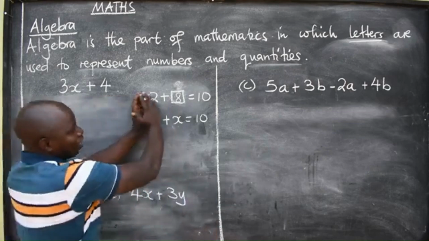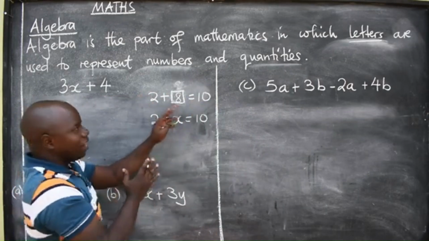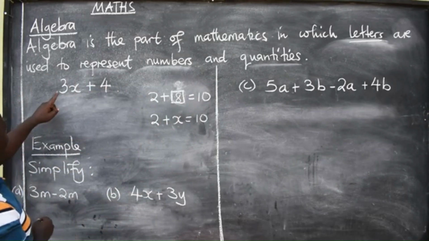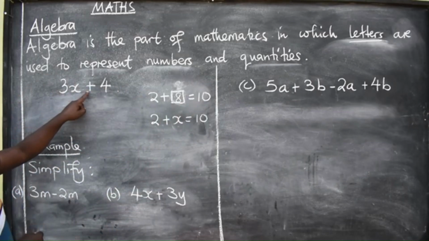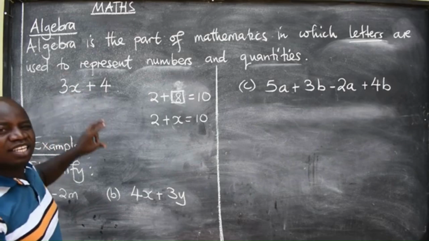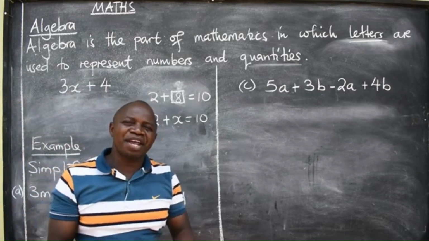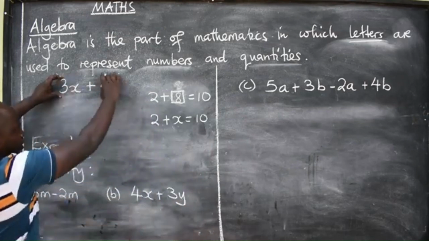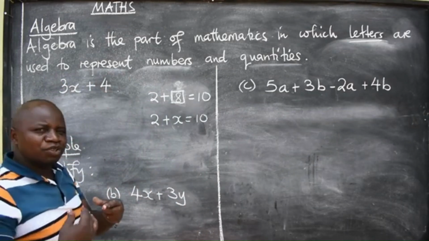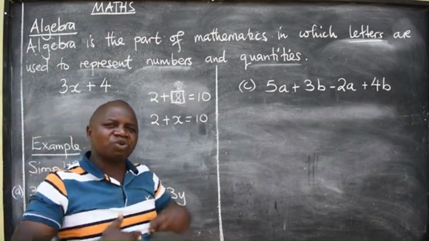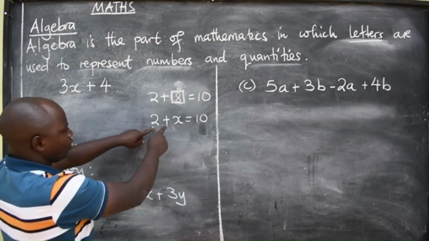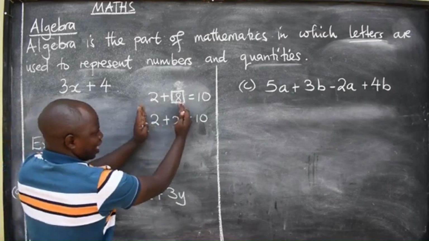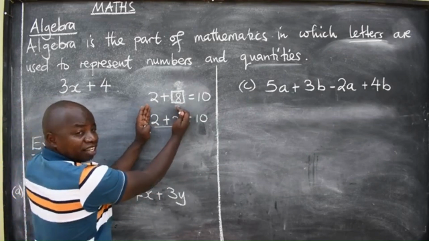Now we are not talking about equations here. Let's look at this expression here: 3x plus 4. This is called an algebraic expression. The moment you equate an expression to something, look at this: 2 plus x is an expression.